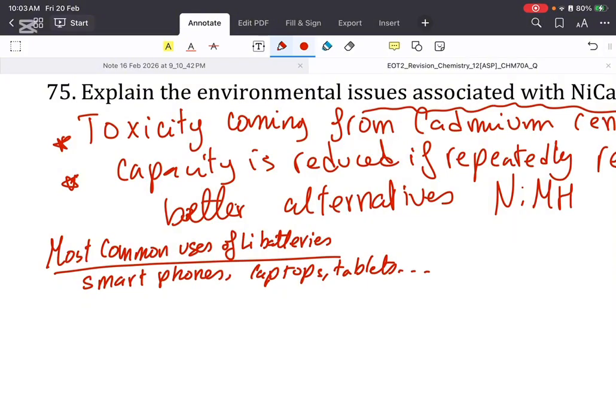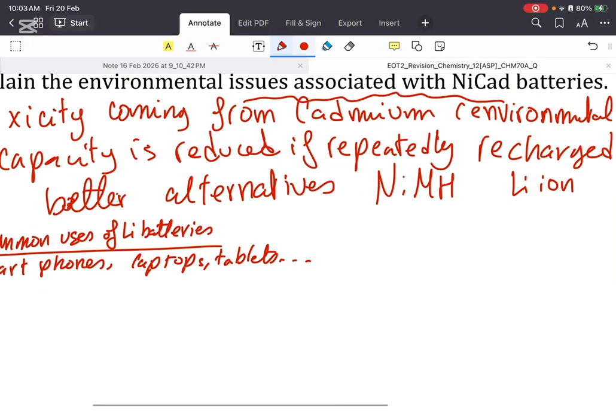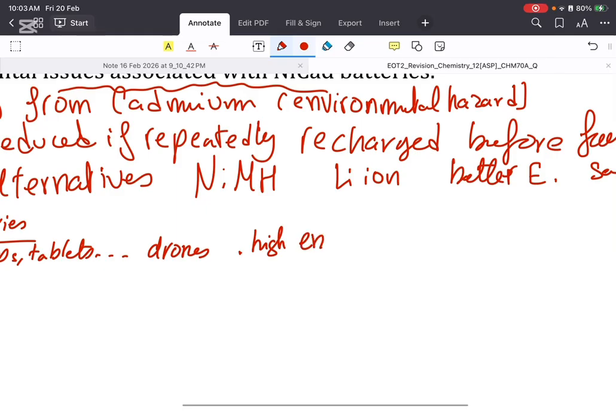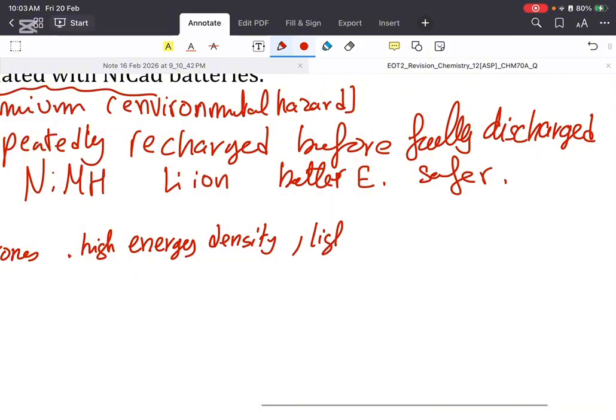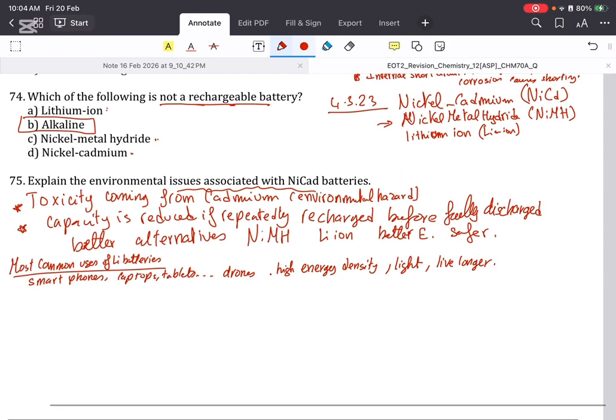We can also use them in electric vehicles, drones, power tools. Now why are they used? As I said, they have high energy density, they're light, not so heavy, and they live longer.